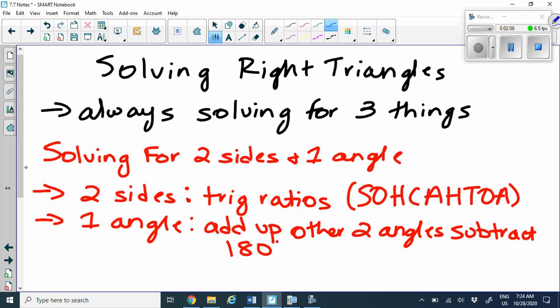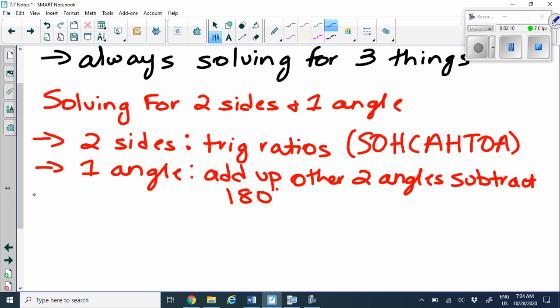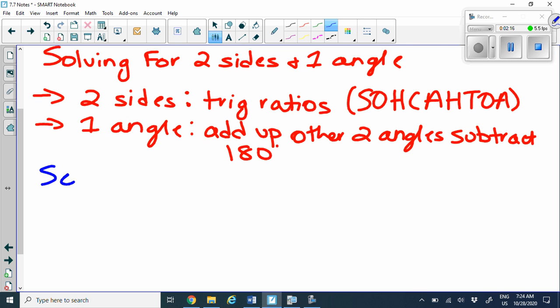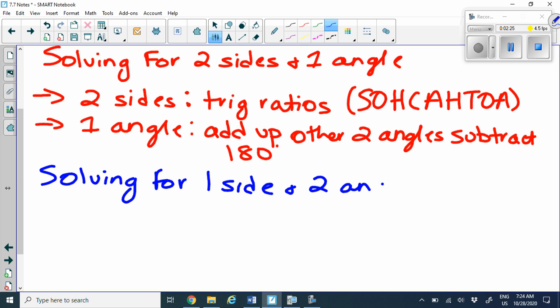Okay. Now, the other way we could solve for three things is when we have one side and two angles. So to get the one side, we're going to use the Pythagorean Theorem.